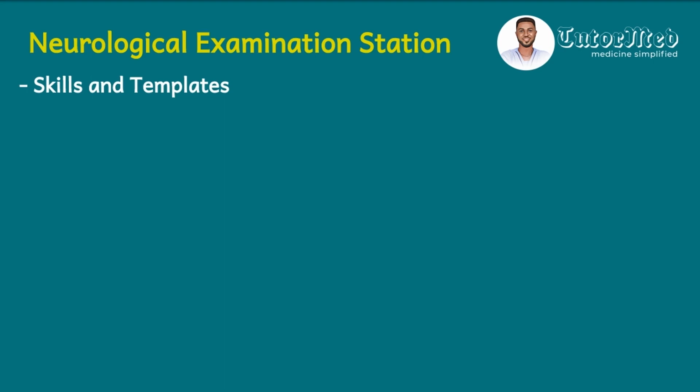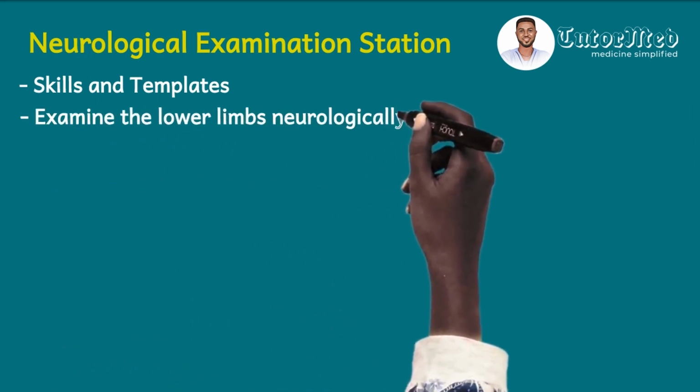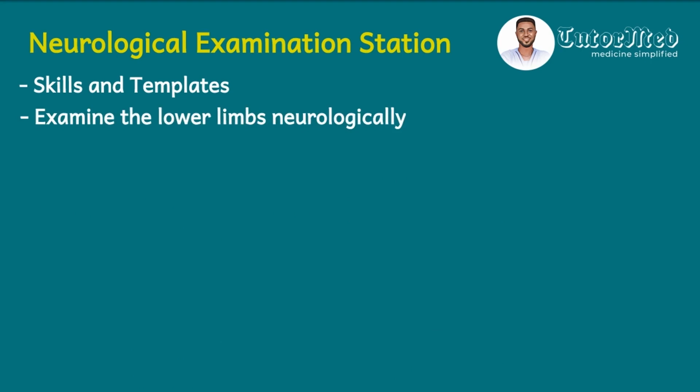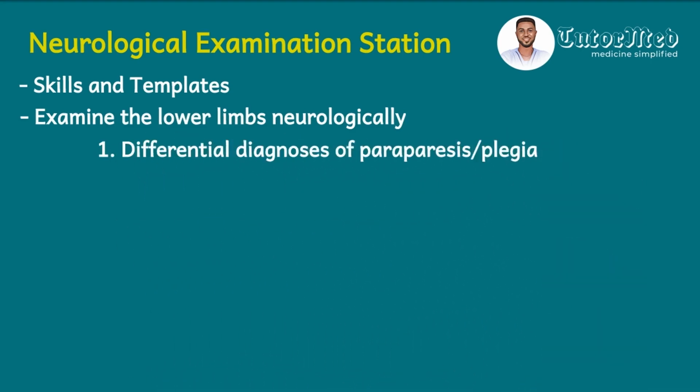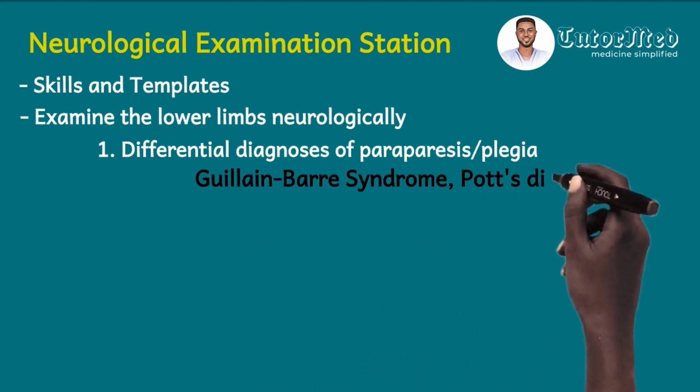One of the instructions you can be given is, please examine the lower limbs of this patient neurologically. Once you hear this, the most likely case you are going to discuss is the differential diagnosis of paraparesis or paraplegia. Conditions like Guillain-Barré syndrome and Pott's disease are must-knows. You need to know these two conditions.